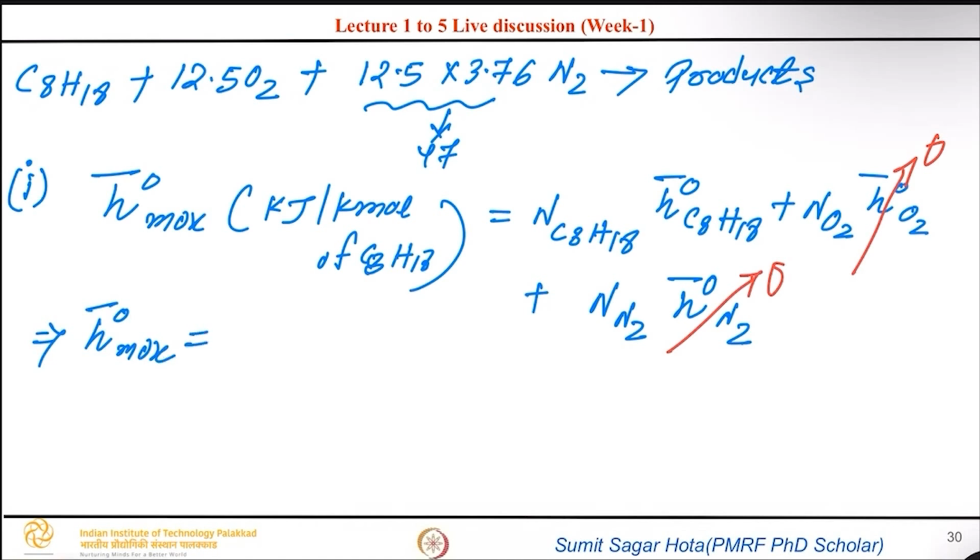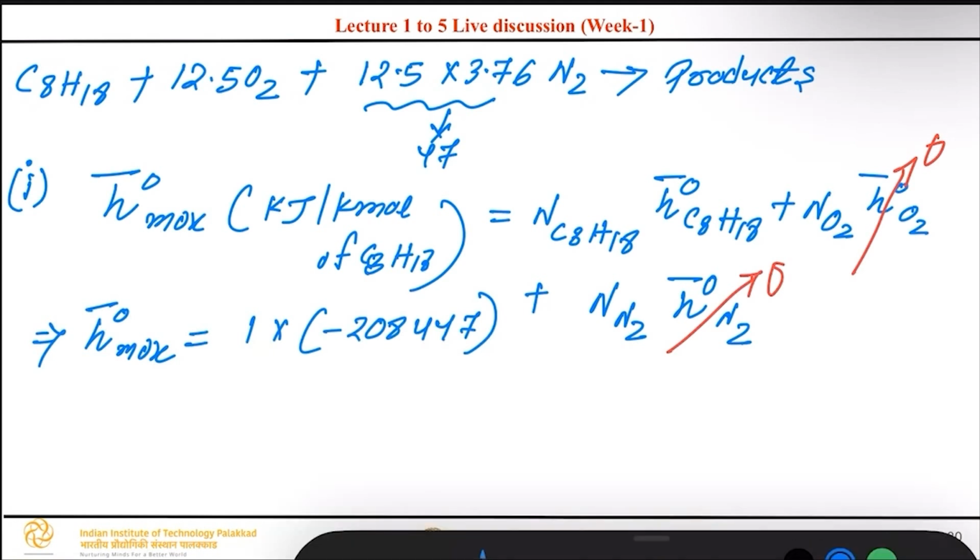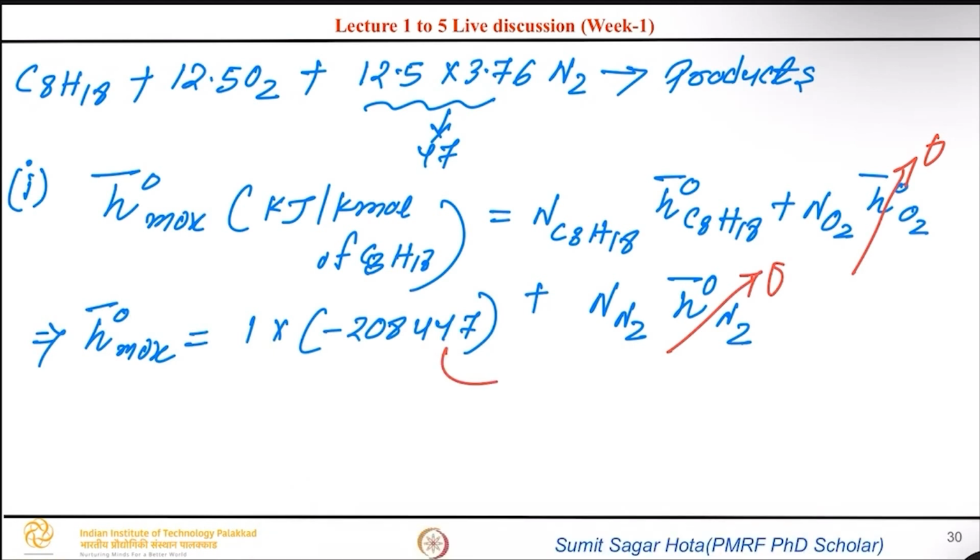H bar of mixture at standard state is equal to N C8H18 is 1 into, this value you can very easily get from the table, 208,447. Okay, that is kilojoule per kilomole. I am not writing the unit, last I just write down. So this you get from appendix B.2.